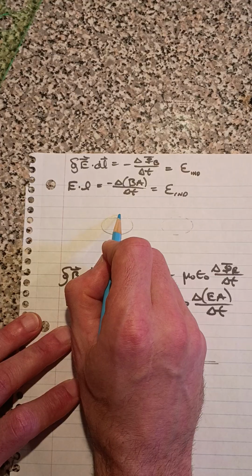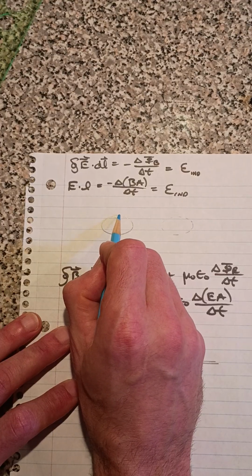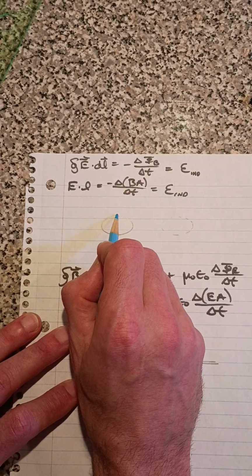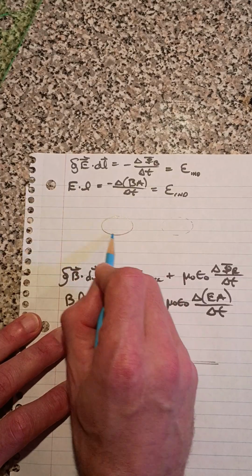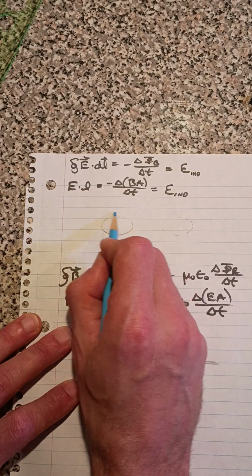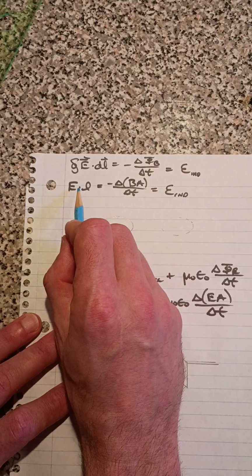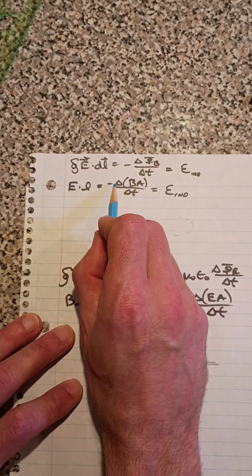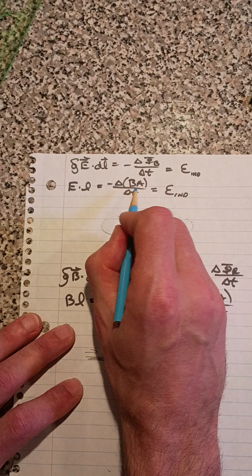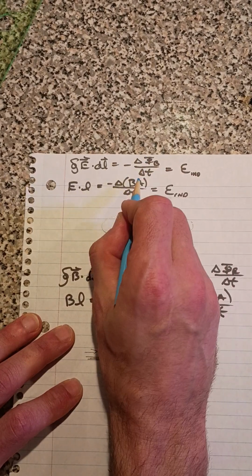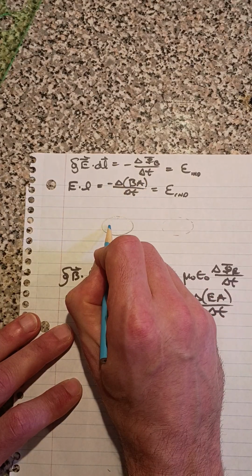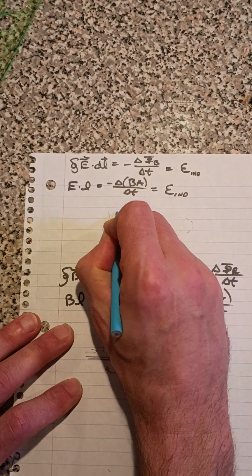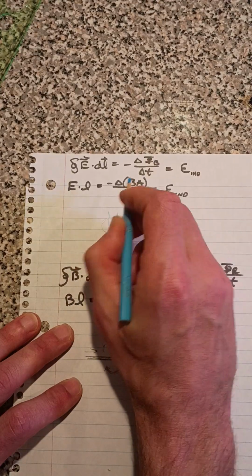If you multiply the electric field strength at this point times this small length, and you do that for every little length and you add them up, what you get is the total electric field line strength times the length of this entire wire. That is equal to the negative change in magnetic flux, which is also the same as saying the negative change in the magnetic field strength times this area that it's cutting through.